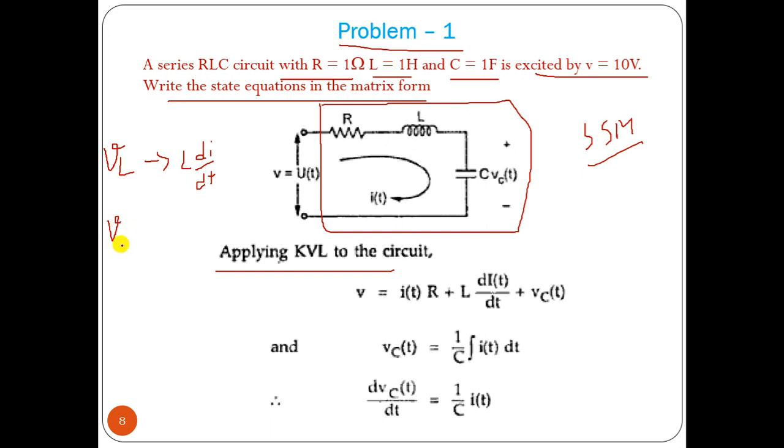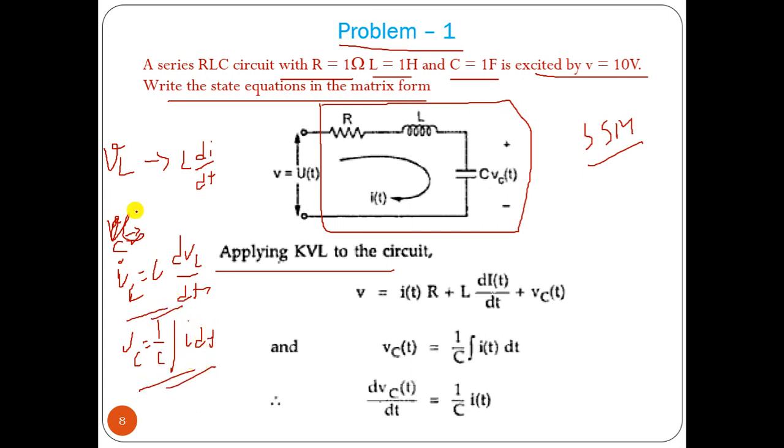And for VC, the most primitive equation is IC equals C dVC/dt, and we can write VC equal to 1/C integration of i dt. These are the equations of inductor and capacitor that are known.